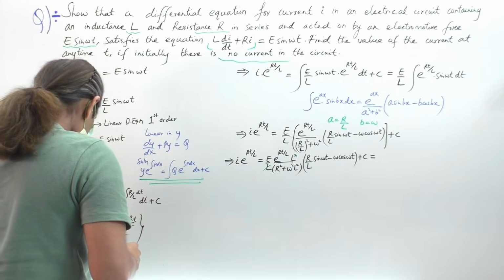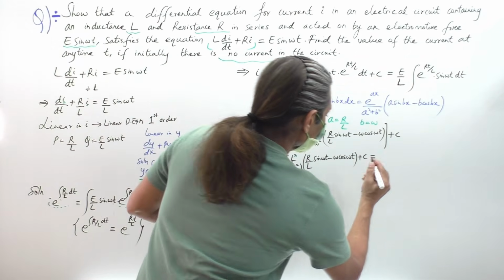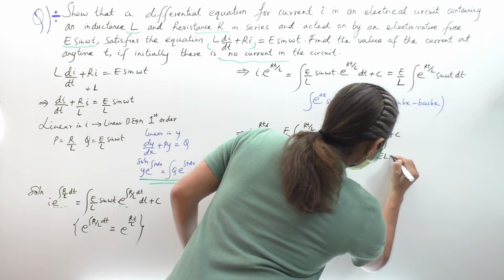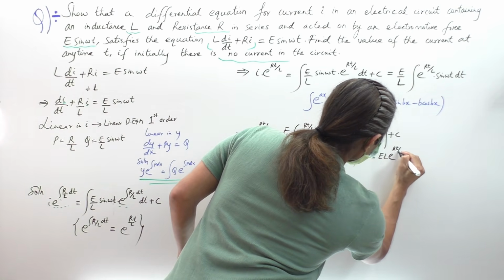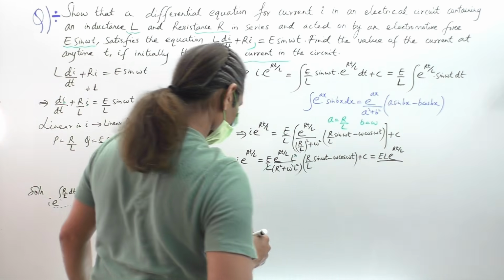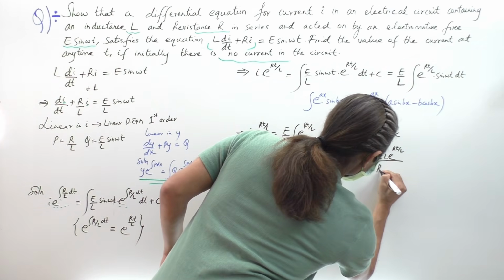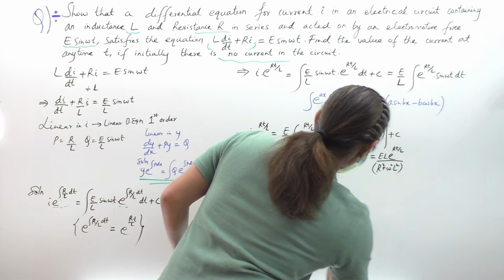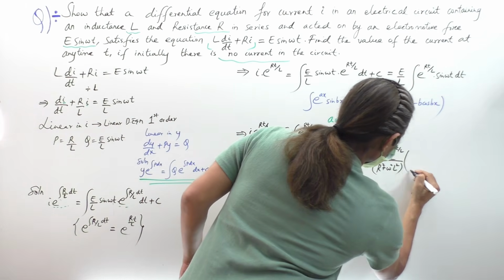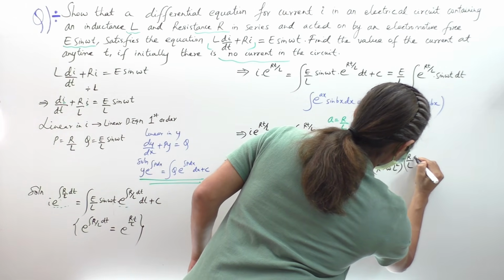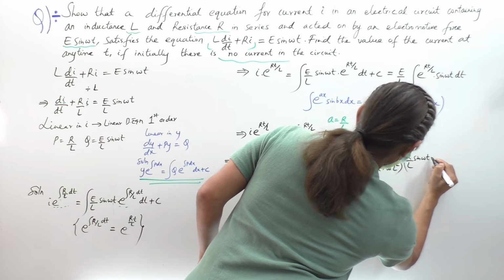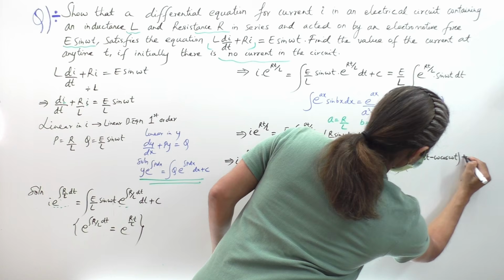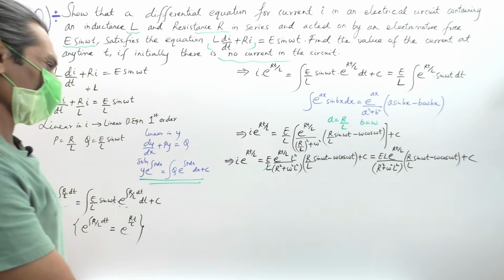So what remains here? We have E L, e raised to rt whole divided by L, whole divided by r square plus omega square L square, into this as it is, r by L sine omega t minus omega cos omega t plus C. That's it.